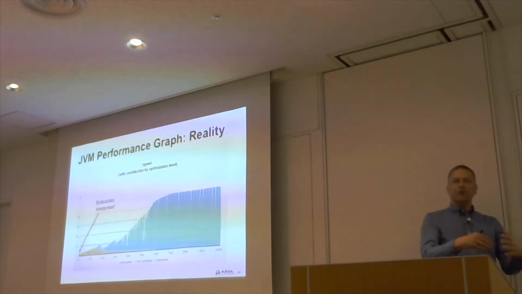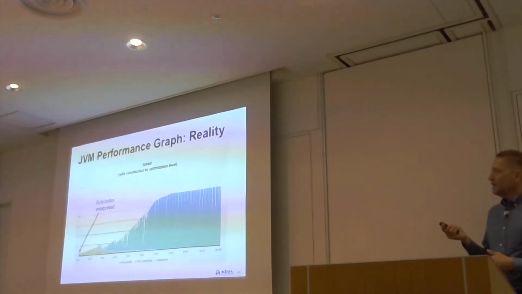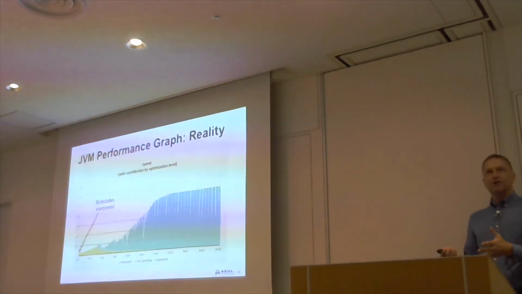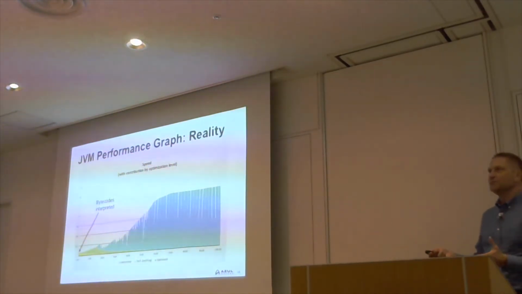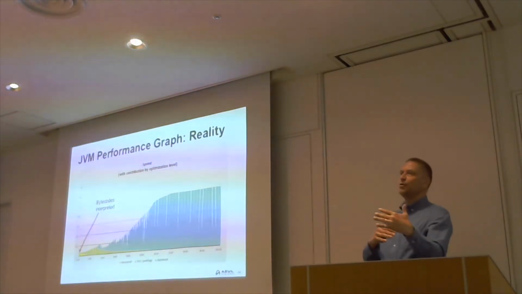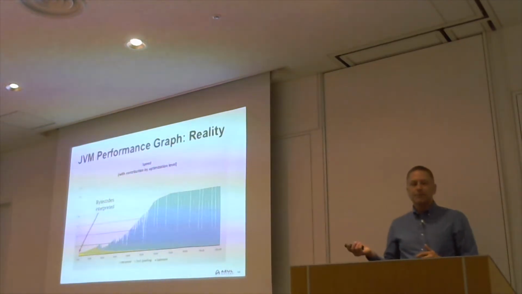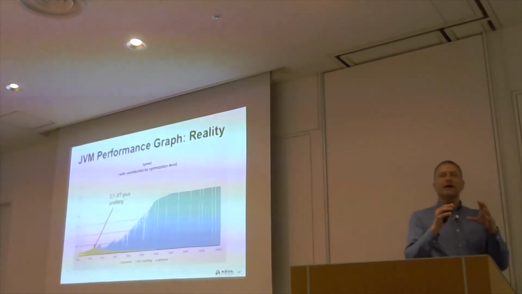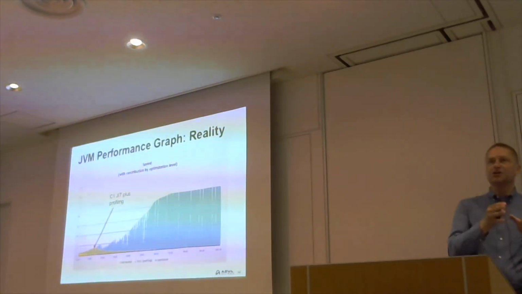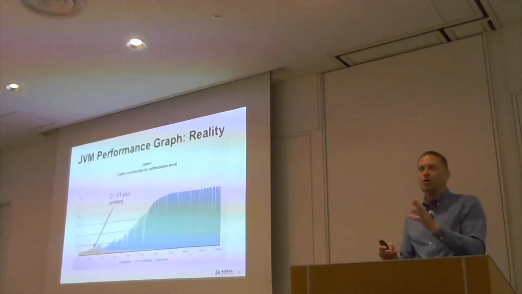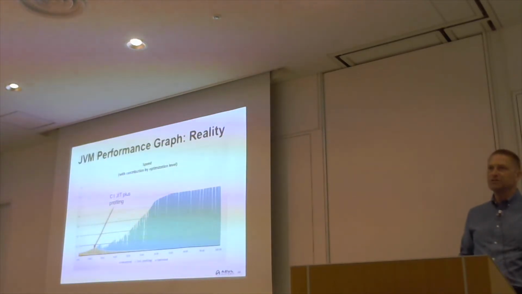That way, we can run it faster. That's where the hotspot idea came from. Why it's called hotspot is because it found the hotspots in your code. So at that point, we run a JIT compiler, just-in-time compiler, on the bytecodes and convert it into native instructions.